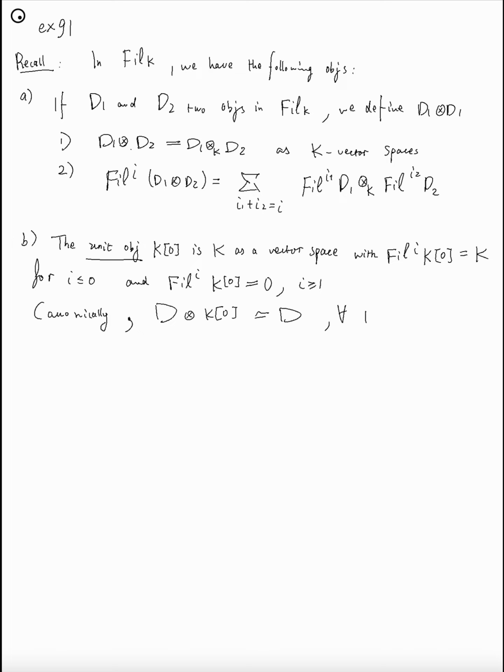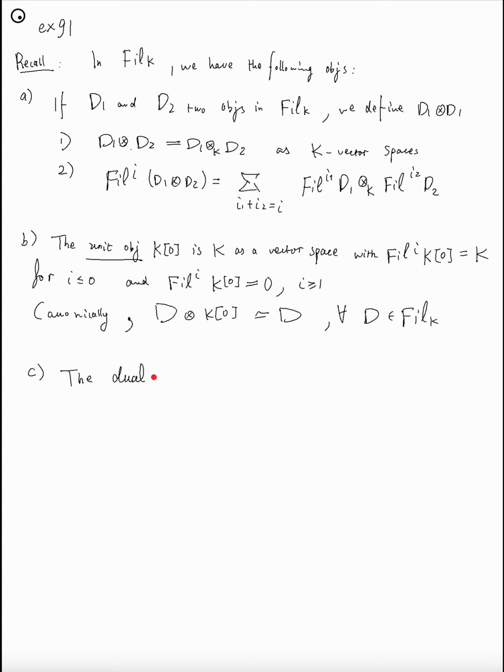For any object in this category. Lastly, the key point of what we are recalling is the dual object. The reason we talk about the dual object is because later we are going to do an exercise to compute the Hodge number of the dual. So to compute the Hodge number, you have to really know the information about the filtration.